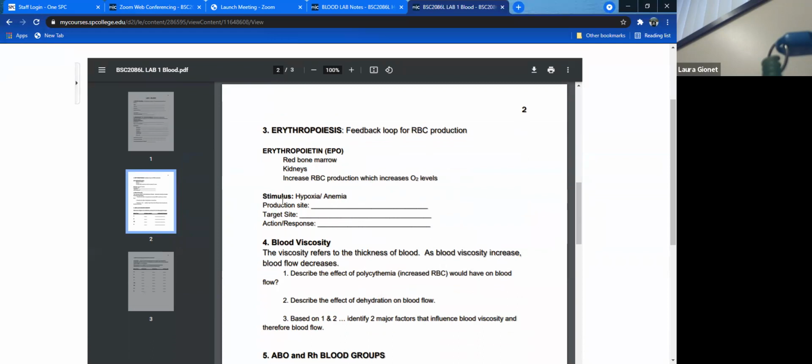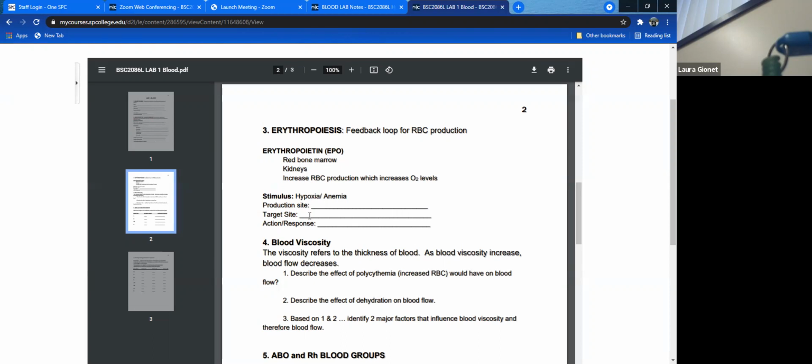So I give you the stimulus. The stimulus is hypoxia or anemia. So what's the production site of the hormone in question? Red bone marrow. It targets, or actually I take that back. Oh, I beg your pardon. The production site is the kidney and it targets the red bone marrow. My bad.